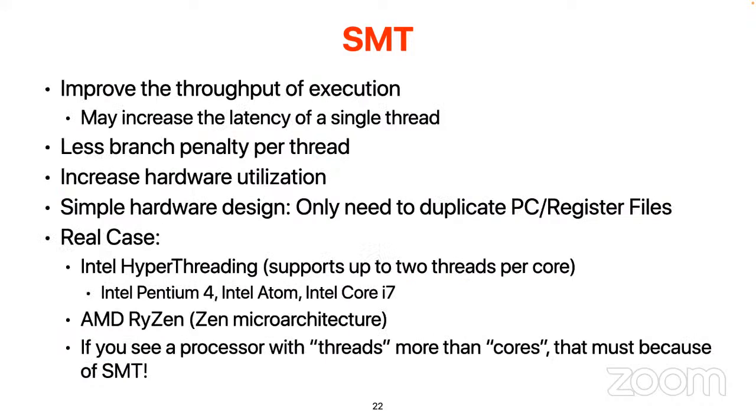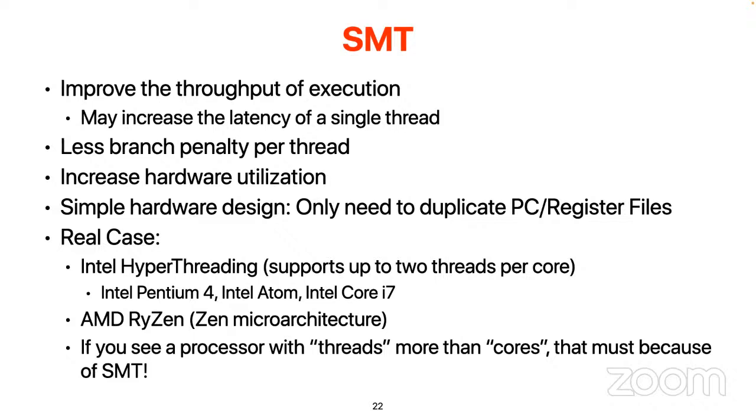But overall, going through this question, you can think of SMT as a good way to improve the throughput of execution. When we say throughput, it's the throughput of all programs, not the throughput of a single program, because it's going to hurt the throughput of a single program.